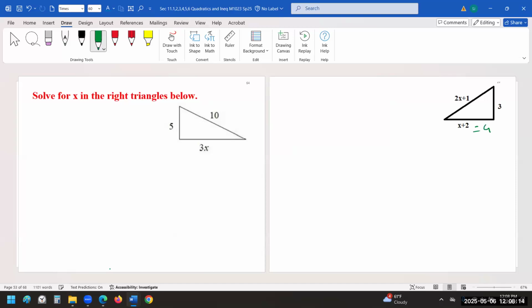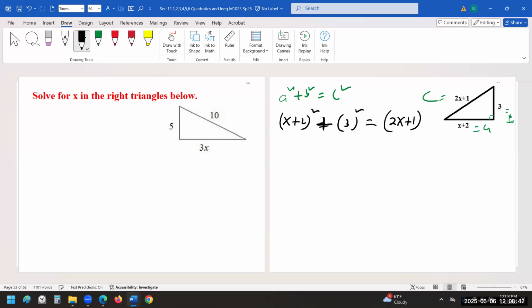So let's say this is A, this is B, and definitely it has to be C. Anytime you see a right triangle, we use A squared plus B squared equals C squared. Our A is x plus 2, so we replace (x plus 2) squared. Our B is 3, so we replace plus 3 squared. And our C is the hypotenuse, so it's (2x plus 1) squared.